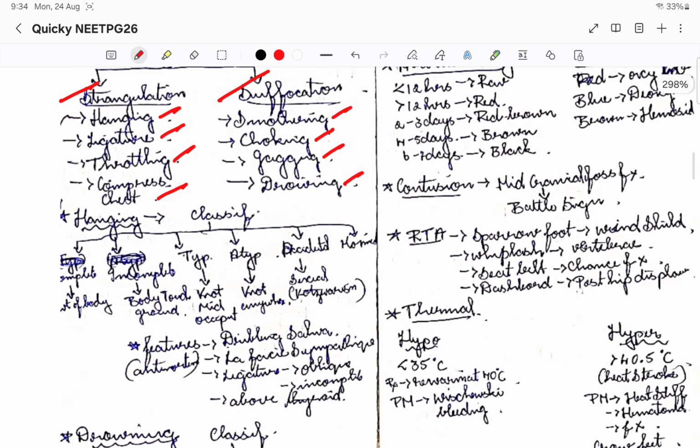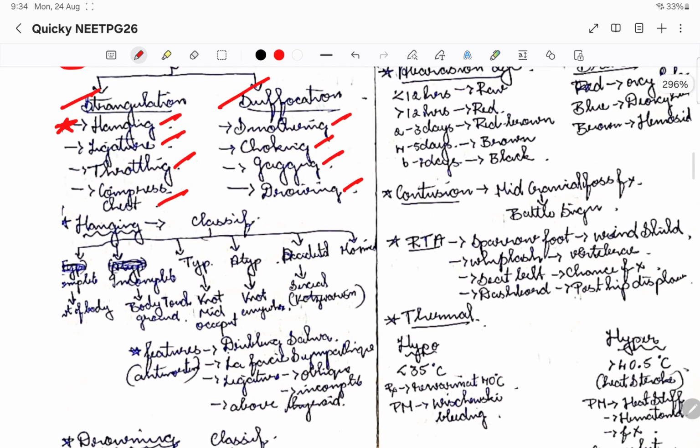Now coming to strangulation, the important thing I want to discuss is hanging. Remember all these things, strangulation and suffocation, because they ask image-based questions, or they'll give specific terms to determine whether it is throttling, choking or gagging. They'll give an image and ask what it is.